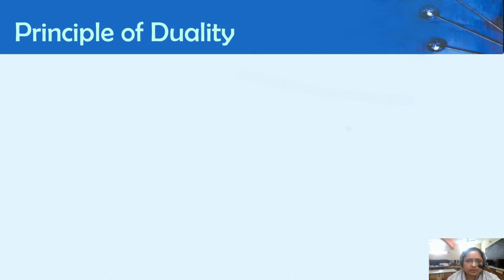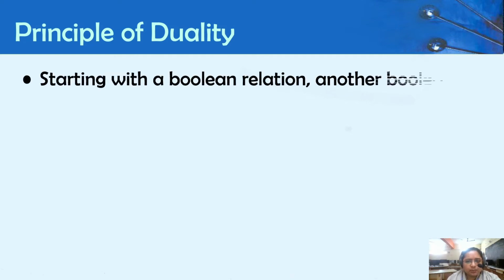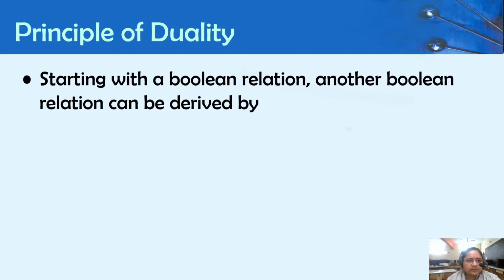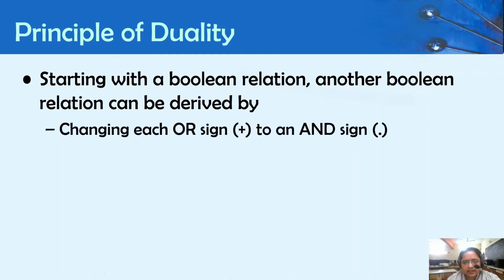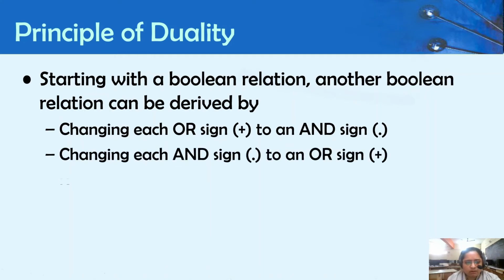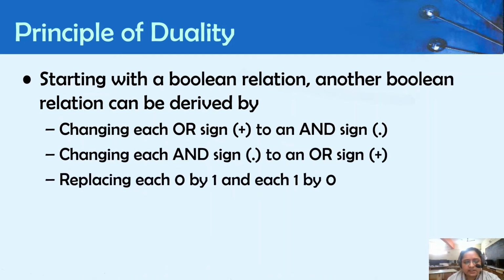Next is the principle of duality, which is a very important concept of Boolean algebra. It is said that in Boolean algebra, every expression has its dual. Okay, so what is the dual of an expression? Starting with a Boolean relation, another Boolean relation can be derived by changing each OR sign to an AND sign, changing each AND sign to an OR sign, and replacing each 0 by 1 and each 1 by 0.